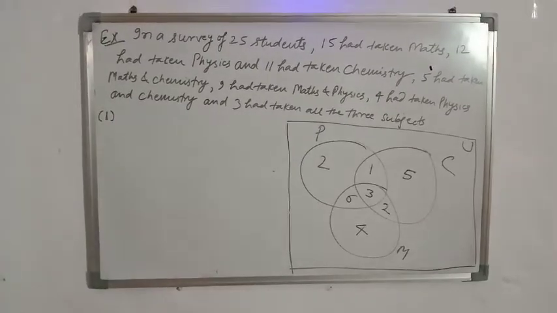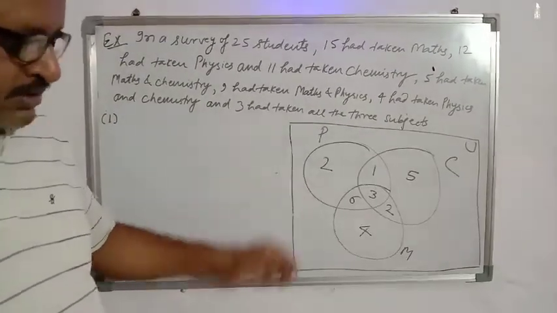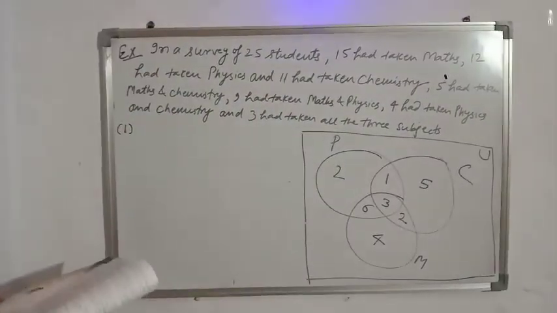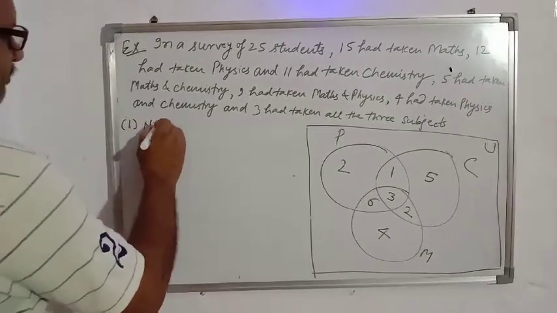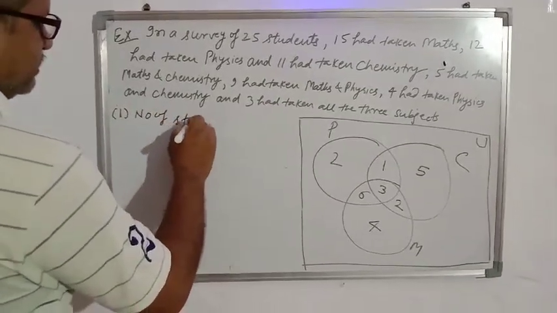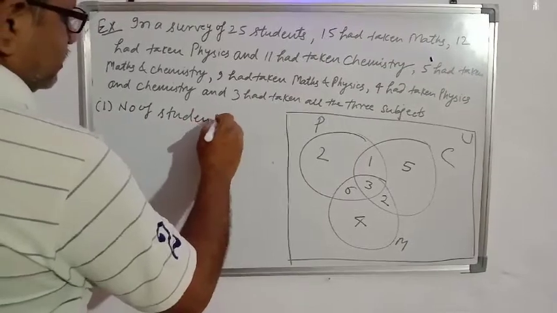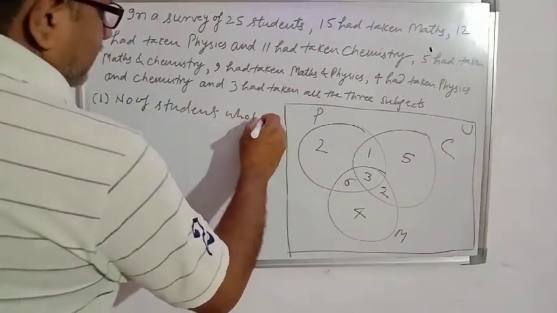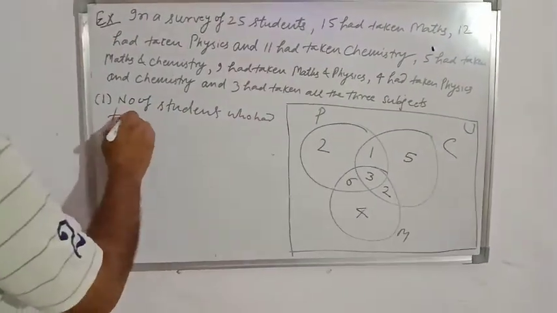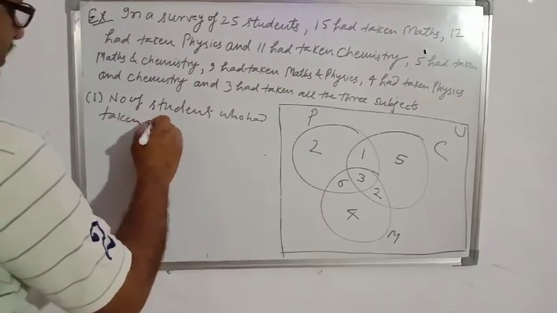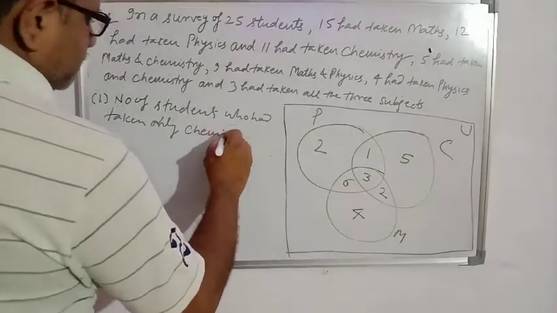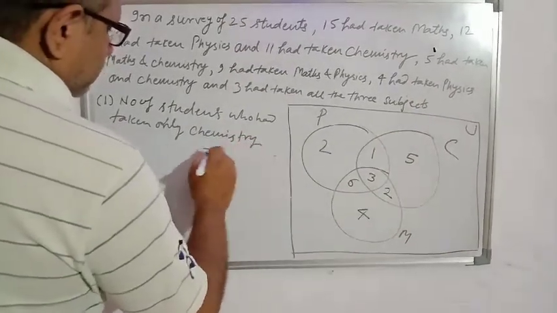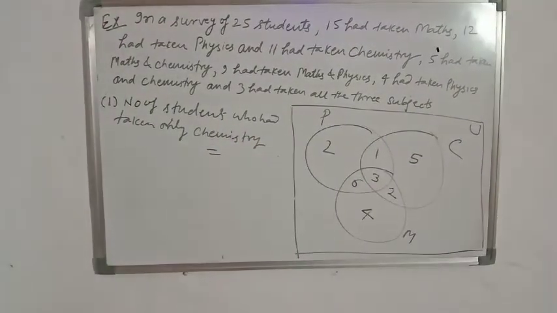First part, we have to find the number of students who had taken only chemistry.